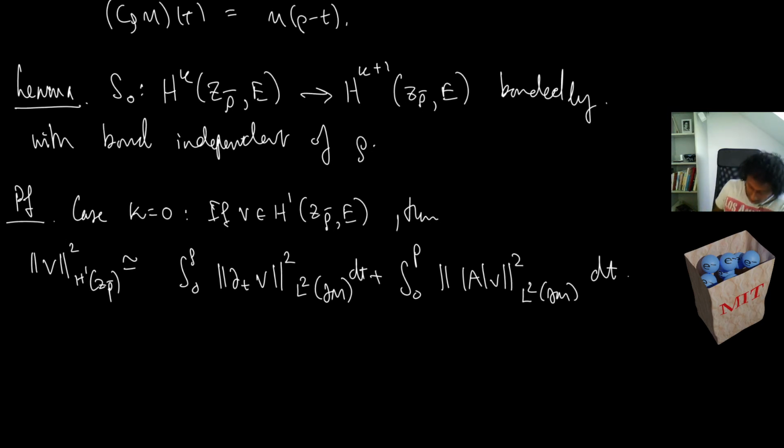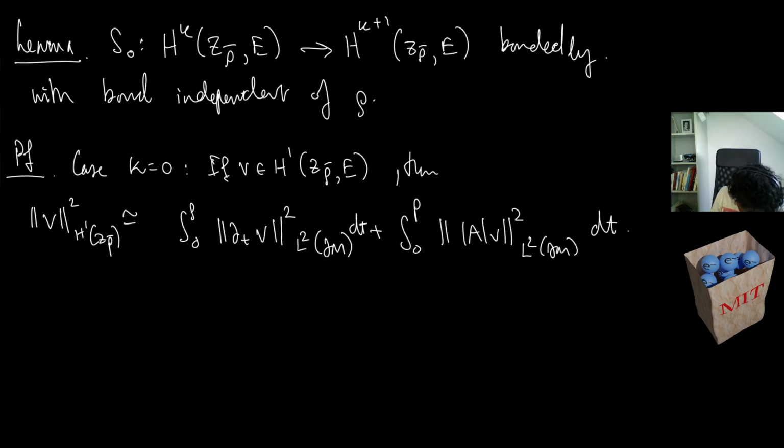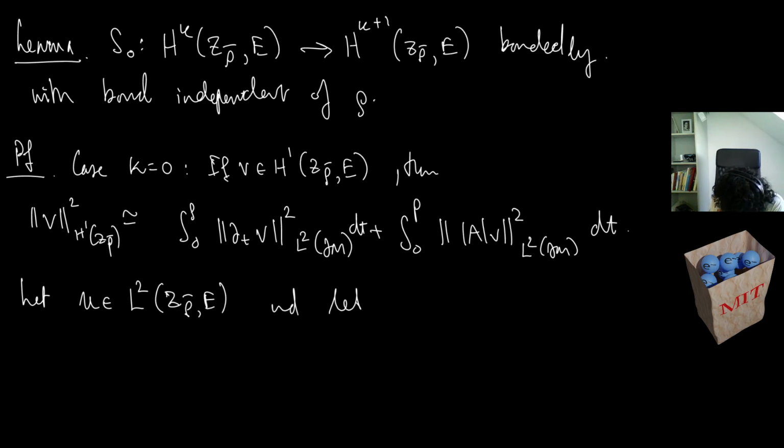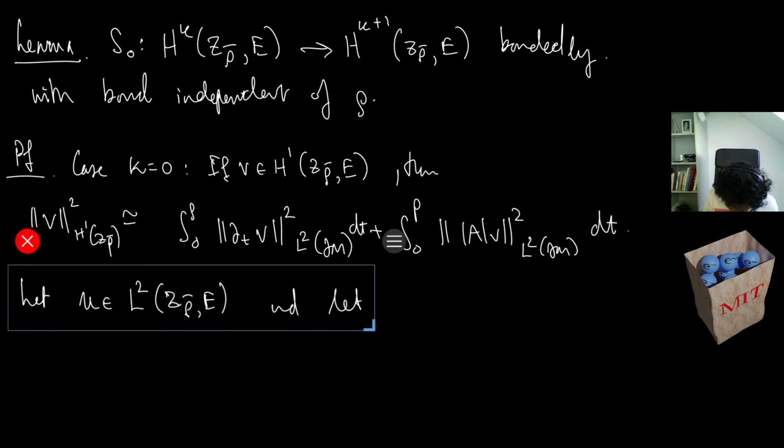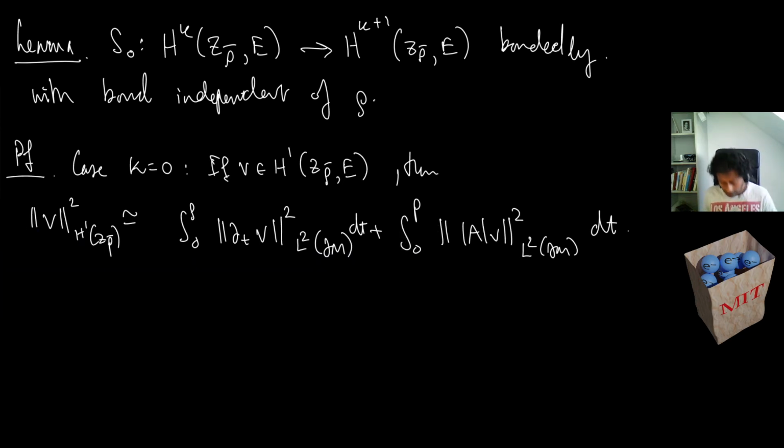Okay, so now we want to explore what happens if we set V equal to S naught of U. Let U be in L2 of Z rho, E. Strictly speaking, this is not the right way to do it. We should really do it by density so we can actually compute the norm.